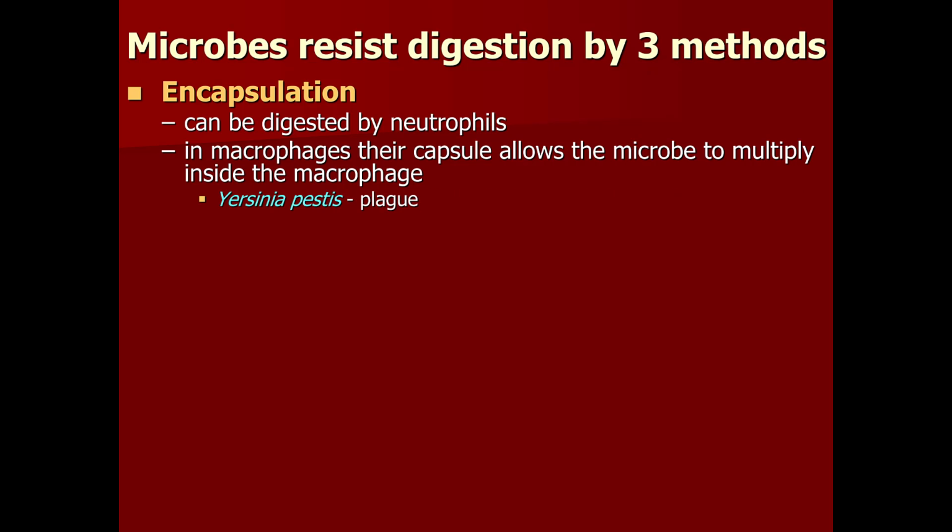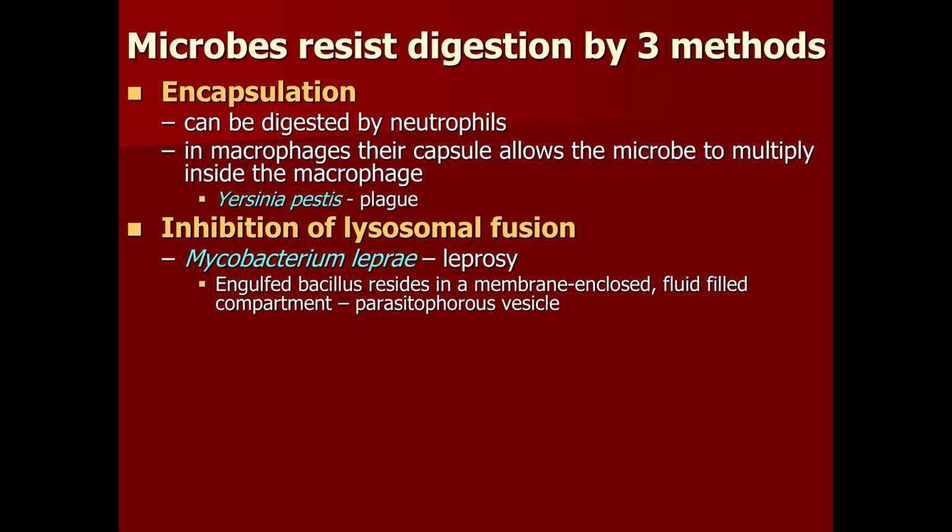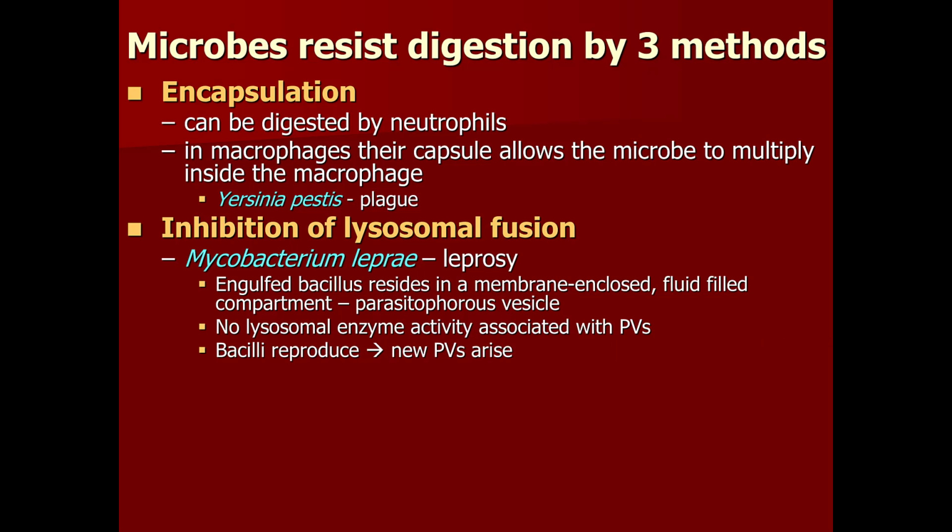For example, Yersinia pestis, the gram-negative rod that causes the bubonic plague, has the ability to resist macrophage destruction. You can also prevent the fusion completely by secreting things. Mycobacterium leprae can secrete different things inside of the phagosome, which prevent the lysosome from fusing with the phagosomal vesicle.